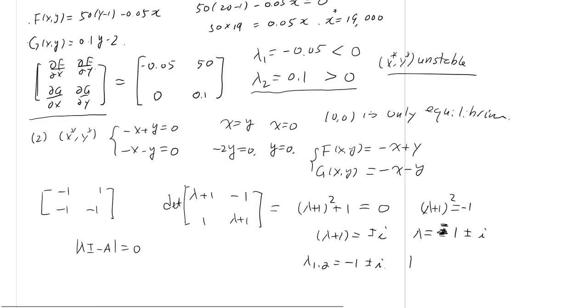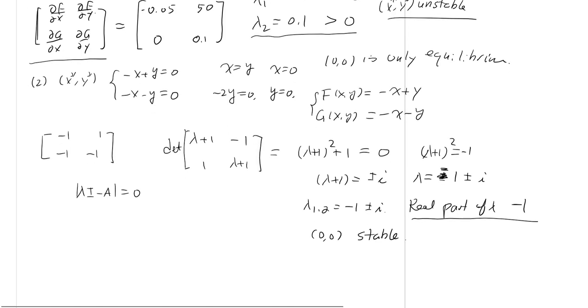And if you look at the real part of lambda, it is negative 1. When the real part of lambda is negative, this is stable. So 0, 0 is stable. We look at the real part of both eigenvalues. If it's negative, then we have a stable equilibrium.